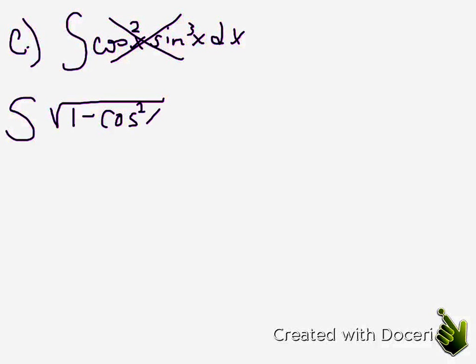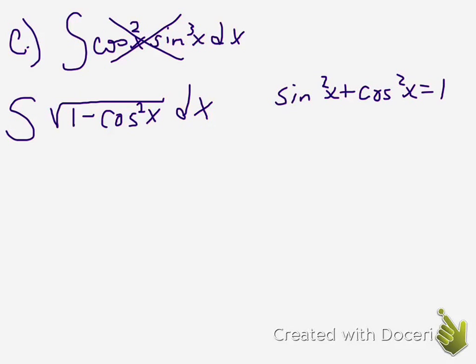Okay, the next one can be done real simply if we remember our trig identities, specifically the Pythagorean identity. Remember, sine squared x plus cosine squared x equals 1.